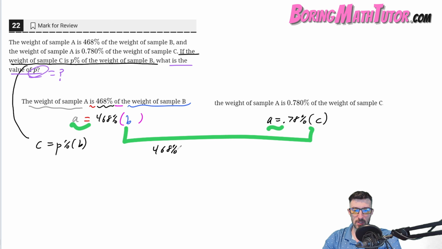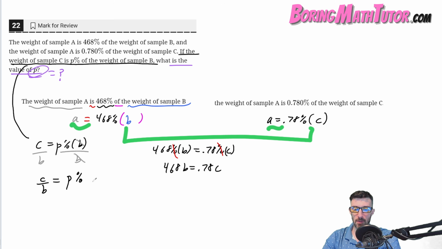So now I got 468% of B equals 0.78% of C. But then I have a percent symbol on both sides. That can cancel out, leaving me with just 468B equals 0.78C. Okay, but ultimately I'm trying to solve for P. All right, but if I want to solve for P, I could start by dividing by B. And I would find out that C over B is equal to P%.